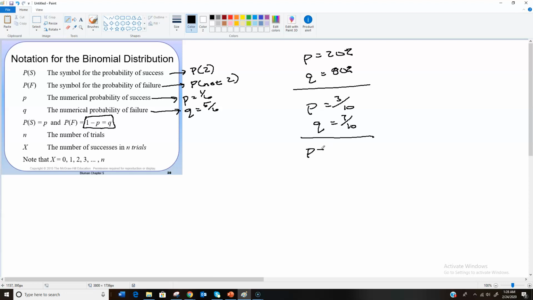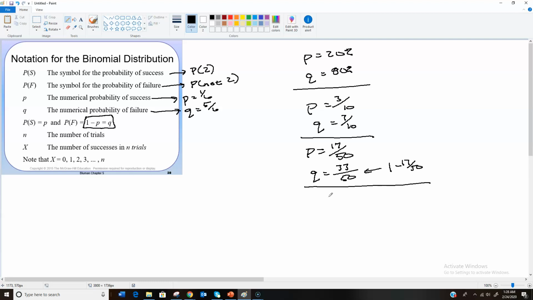Let's do another one. If I tell you p is 17/50ths, then q would be the rest of that to add up to 50/50ths, which would be 33/50ths. So again, you get this from 1 minus 17/50ths.